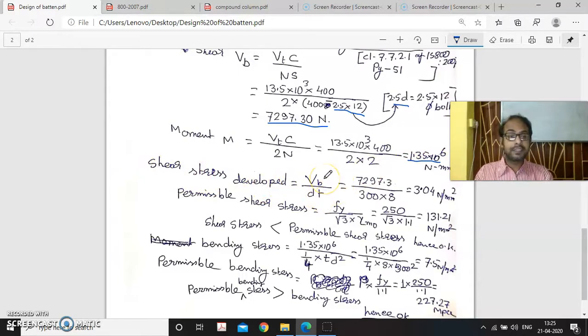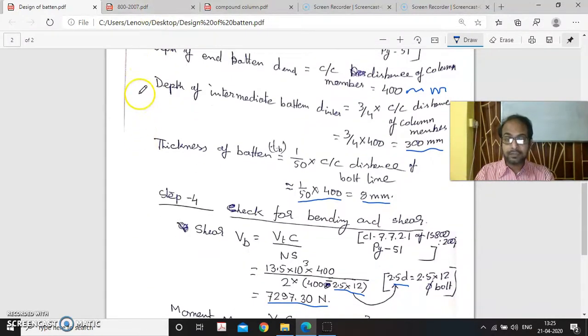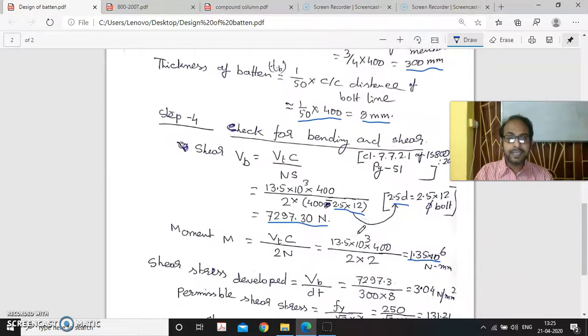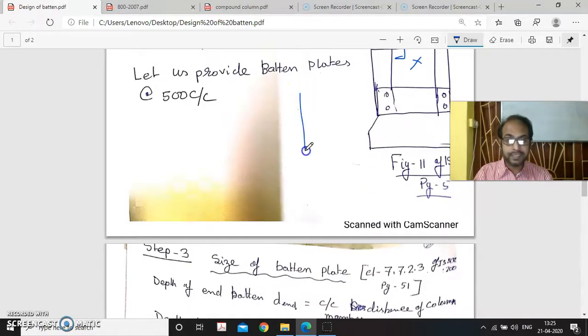So we have calculated the shear stress developed, V by B D. How much is the thickness of the plate, T, and how much is the length of the plate, D. If I consider the batten cross section, if I take a section from here, consider this as XX, you will see it will show a plate like this.